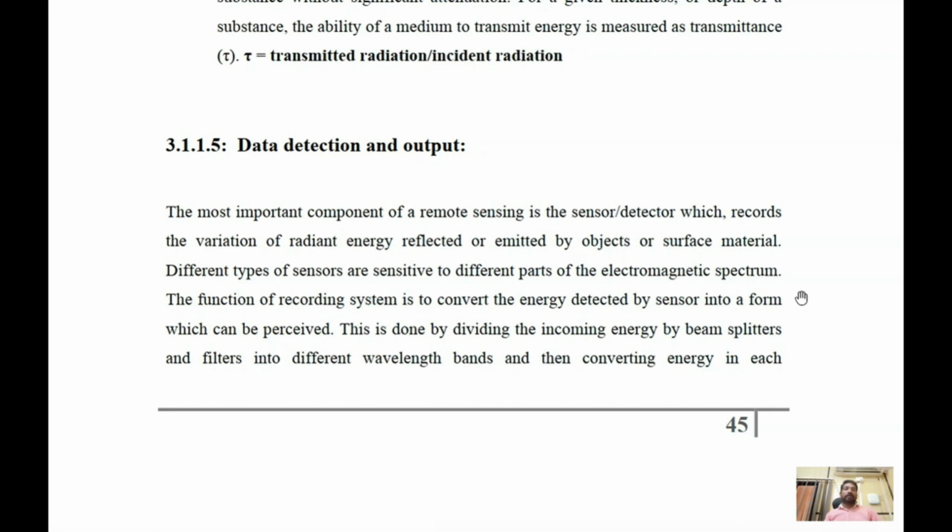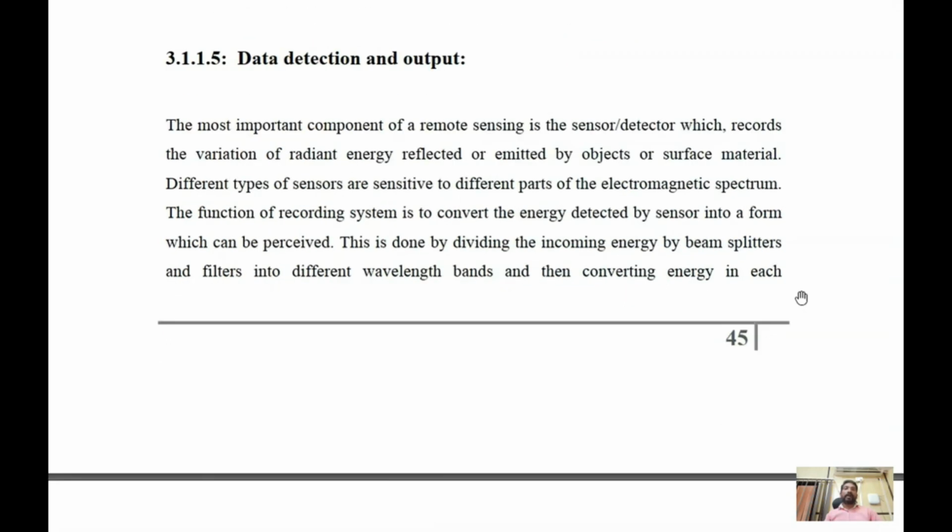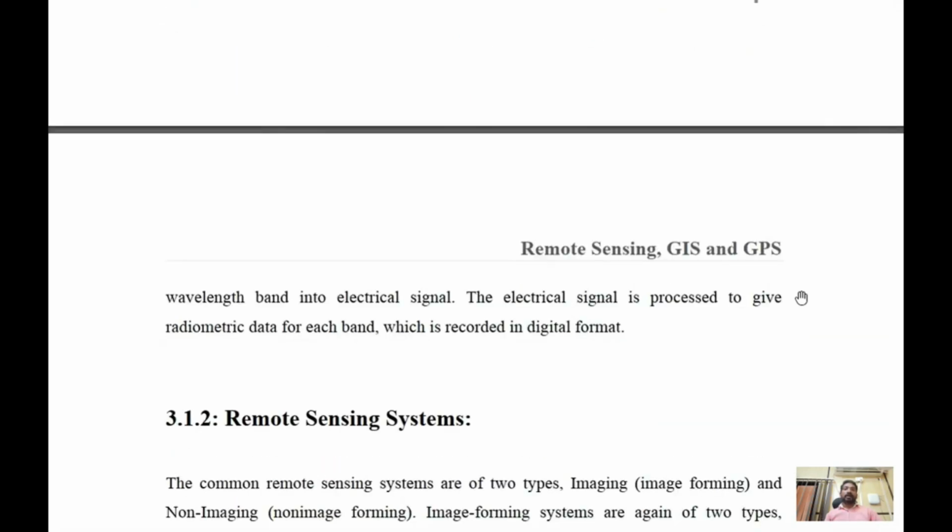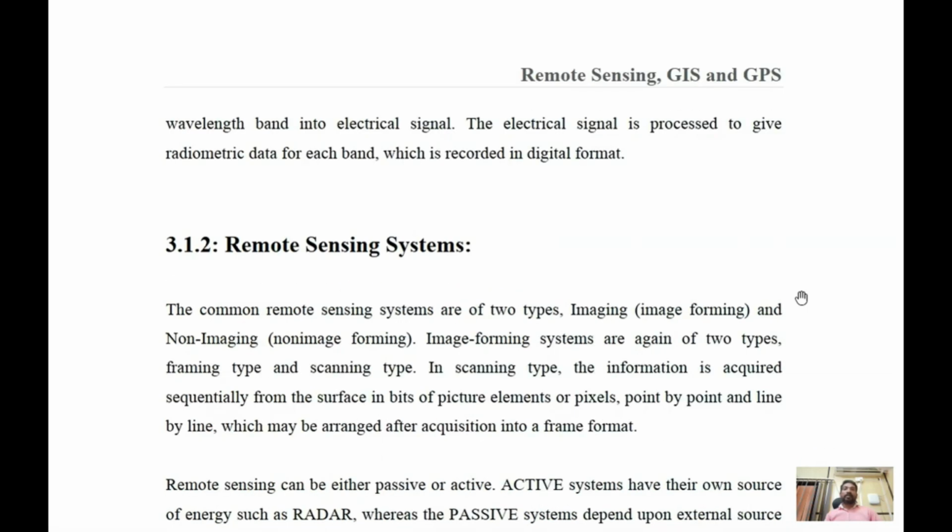This is done by dividing the incoming energy with beam splitters and filters into different wavelength bands and then converting the energy in each wavelength band into an electrical signal. The electrical signal is processed to give radiometric data for each band, which is recorded in digital format.